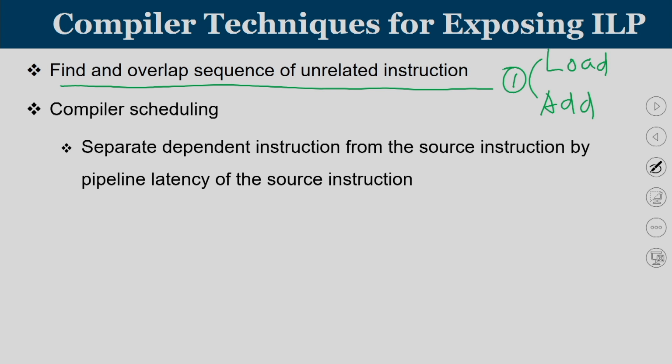So here the compiler has to separate this load and add by a minimum of 1 instruction. That means a new instruction has to be added between this load and add. A new instruction which is somewhere down the instruction sequence has to be found, and put in between this load and add.